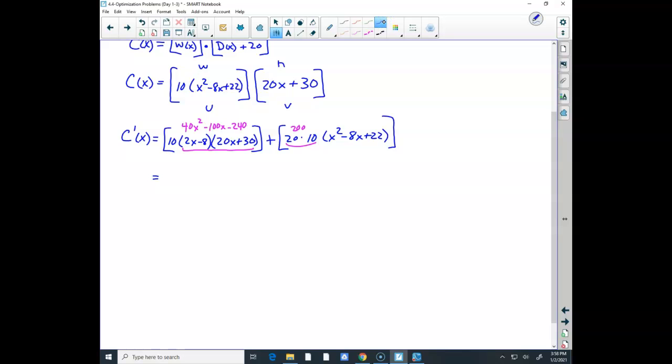So as I distribute my 10 to each one, I get 400x squared minus 1000x minus 2400 plus 200x squared minus 1600x plus 4400.